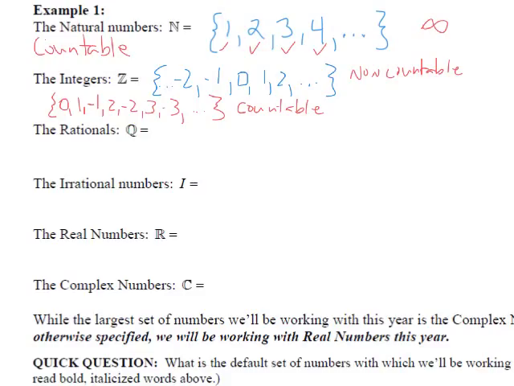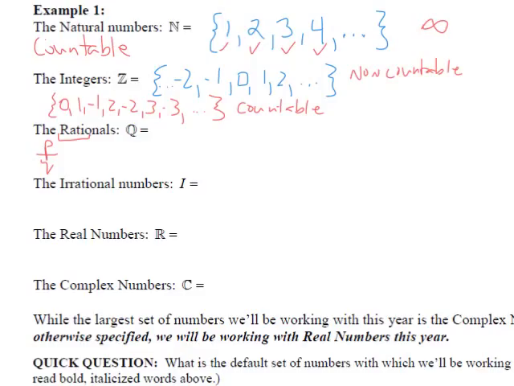The rational numbers is where we start to get into some pretty interesting problems because you can't list out every possible rational number. And remember, rational is based in the word ratio, so it's going to be the ratio of one integer to another. So then what we can do is we can write out this set.